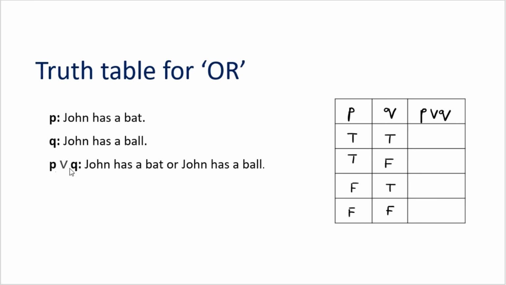Now notice that the statement P or Q states that John has a bat or John has a ball. That means John needs to either have a bat or he needs to have a ball. That means at least one of these two statements has to be true.